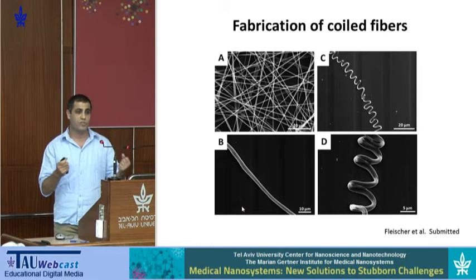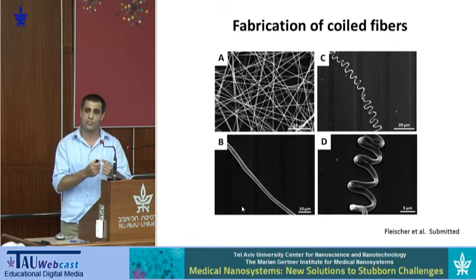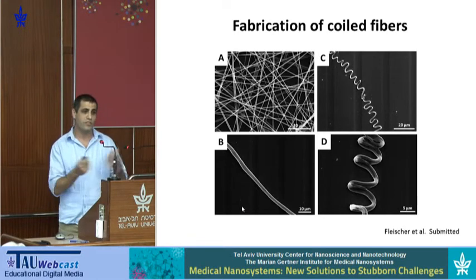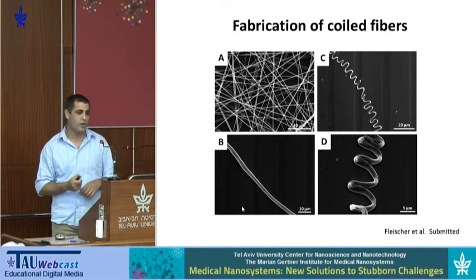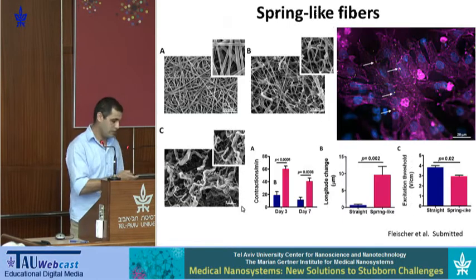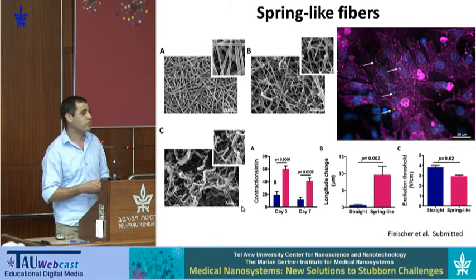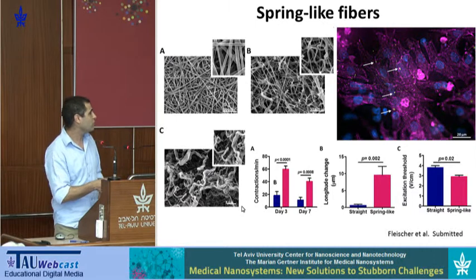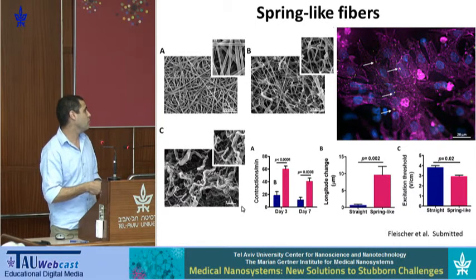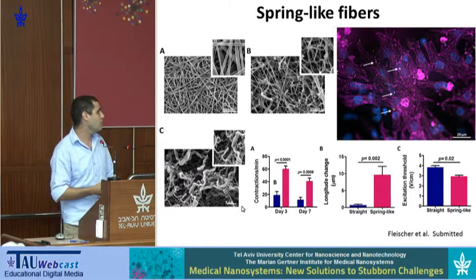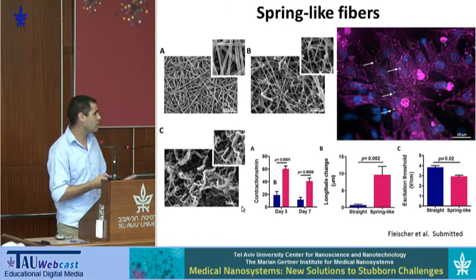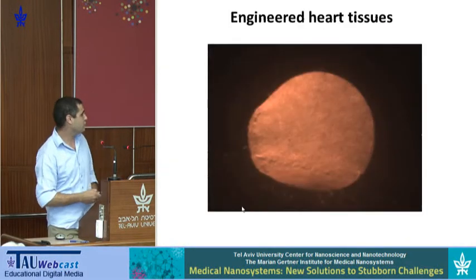They can interact with the cells, and when the cells contract or relax, they can do the same without stressing the cells. And we see that three-dimensional scaffolds from coiled fibers can basically promote a better contraction of the cardiac patch that we're engineering.